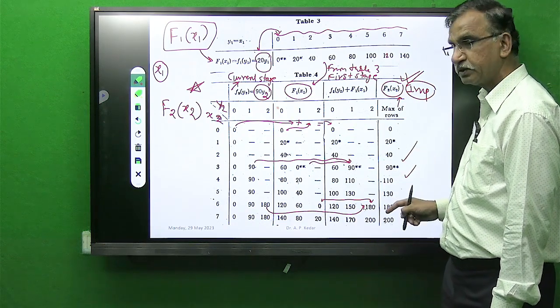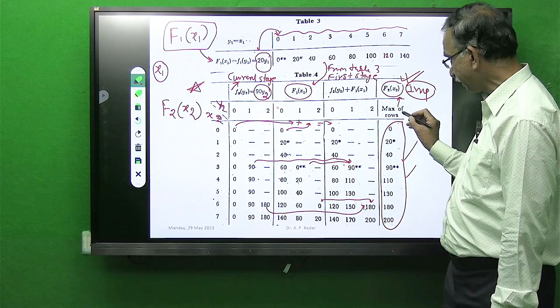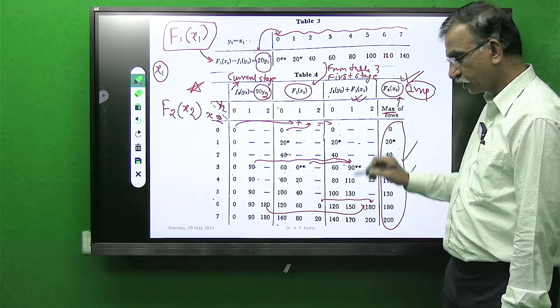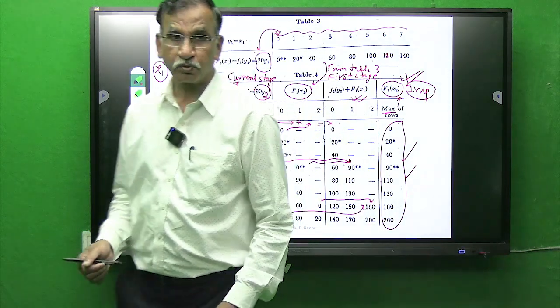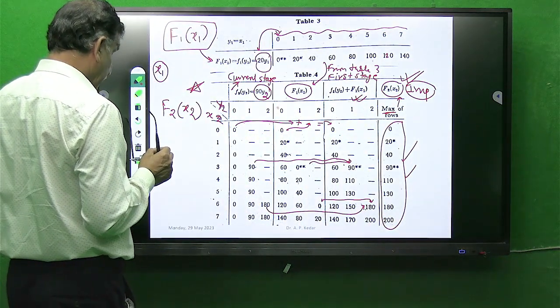So what we did is, we have selected all those values which were maximum from these rows. I think this is very clear.